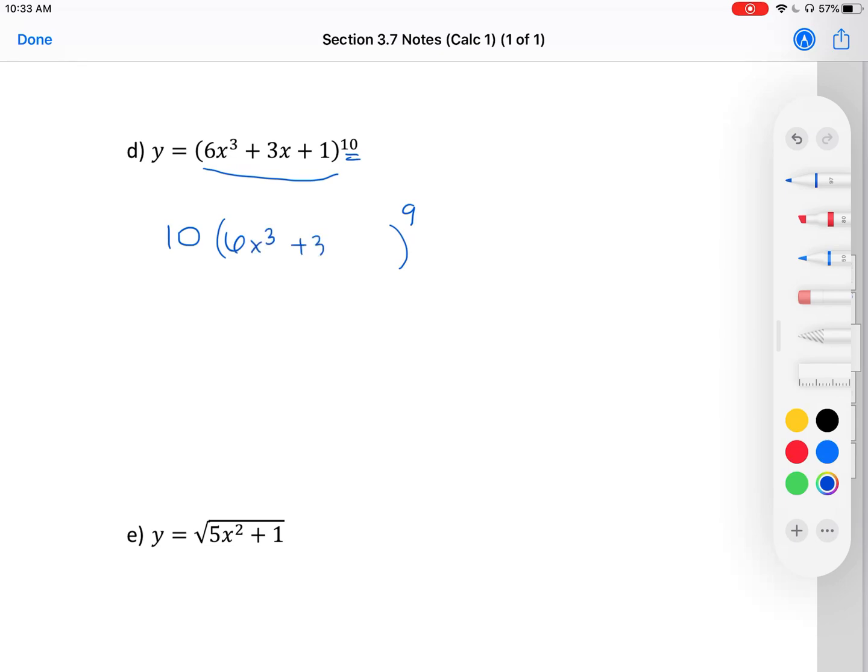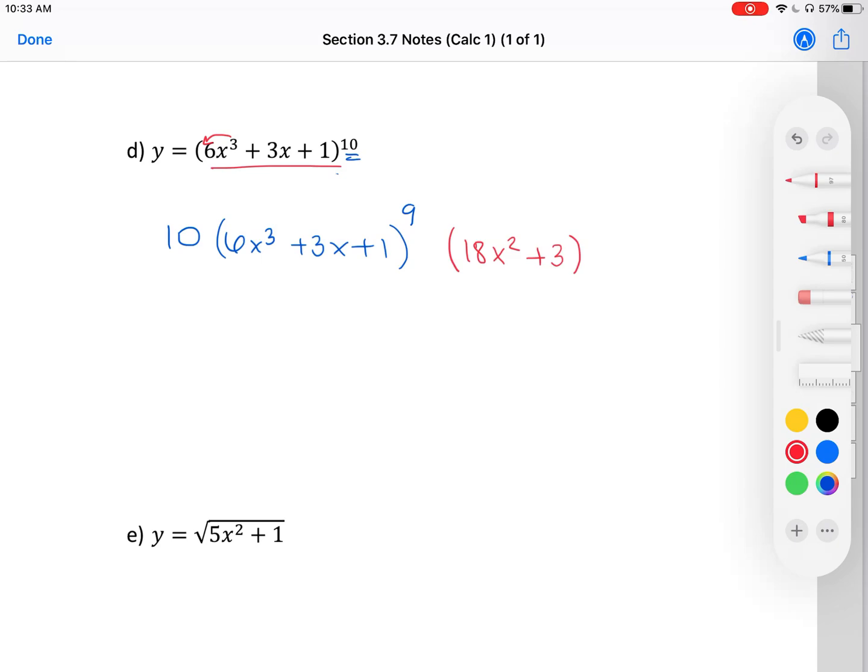Now let's take the derivative of what's in our parentheses. Our derivative of that would be 6 times 3 is 18, x squared. We have 3x plus 3, no x, and derivative of 1 is 0. So that is that.